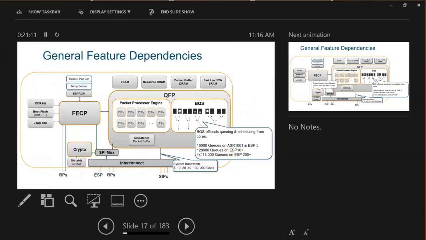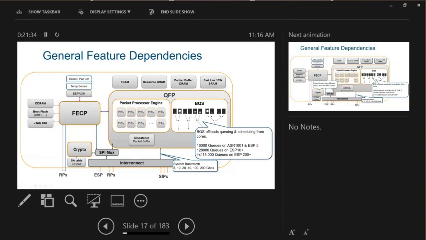As I was telling, the system bandwidth is limited. It depends on what ESP we are using, and it ranges from 5 to 200 Gbps. Once BQS schedules the packets, it will put them into different queues.